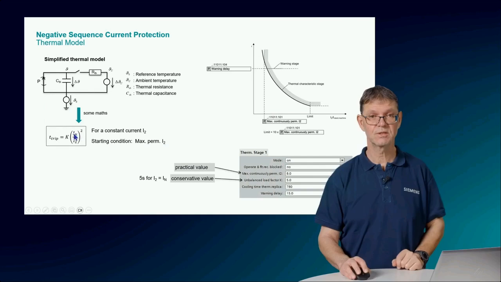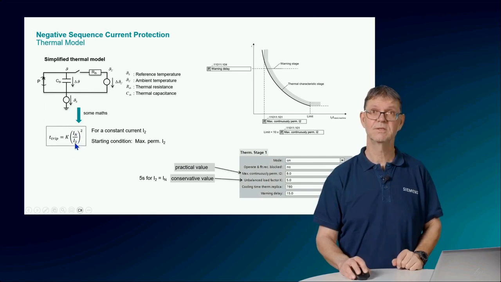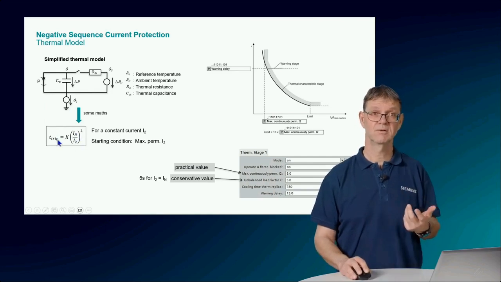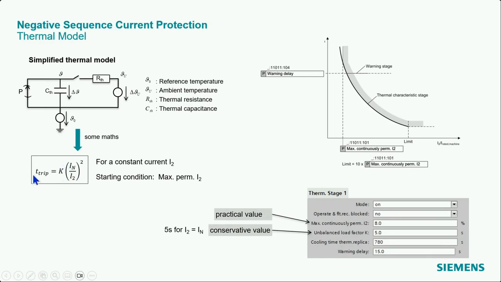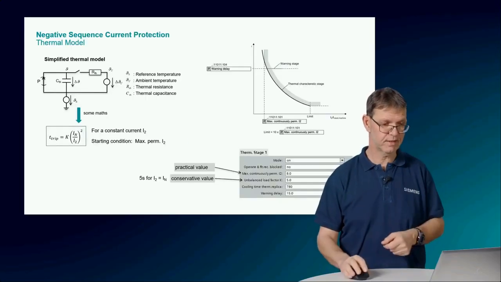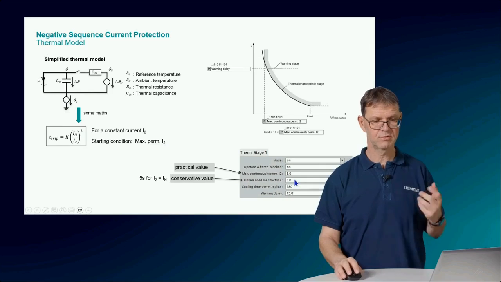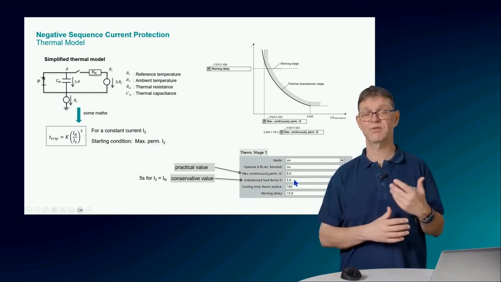Because if we insert here the nominal current, then this quotient is 1. So you get immediately the K factor from the tripping time. So you read the tripping time and then you have the K factor here. If you don't have such a diagram, then you have to estimate that K factor, and the conservative value is something like 3 to 5 seconds. So this is relatively fast tripping.